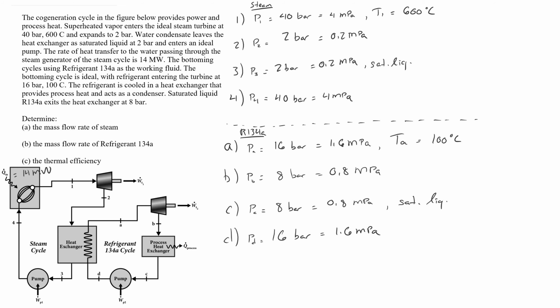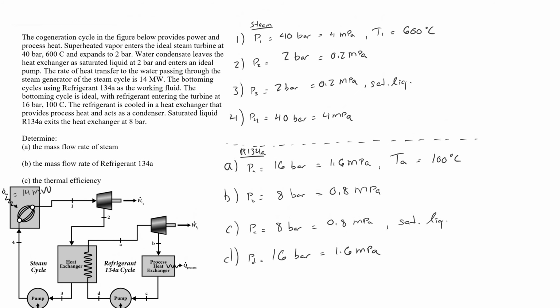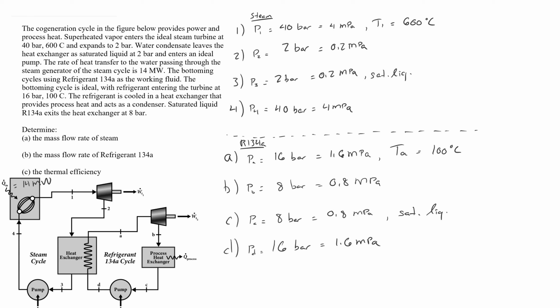All right. So let's go back and work with our steam, and we'll define all of our enthalpies for our steam, and then we'll do the same for R134A. At state 1 I have a pressure and a temperature, so it's just a matter of going through my tables to find where I have achieved both of these properties.